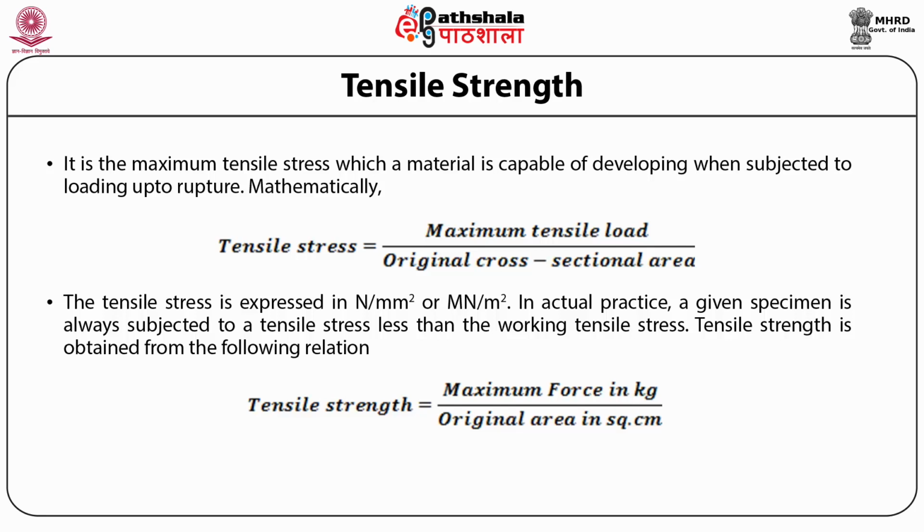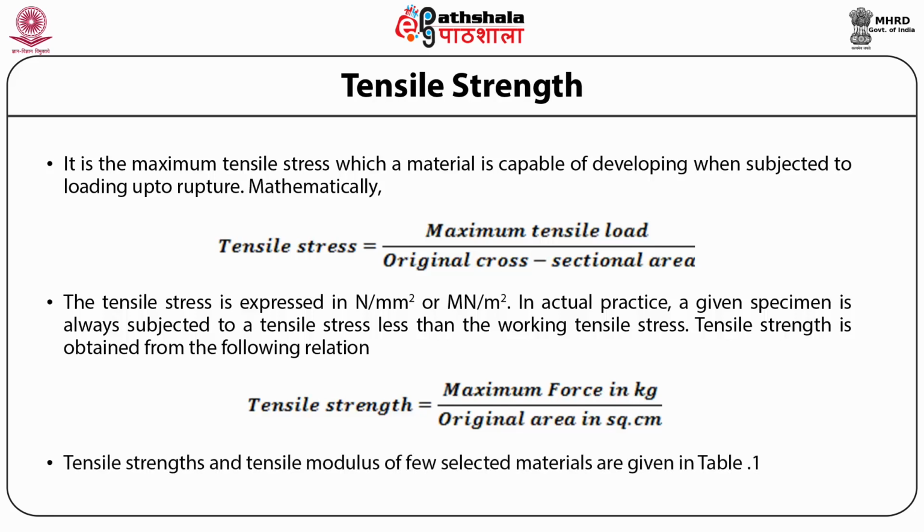In actual practice, a given specimen is always subjected to a tensile stress less than the working tensile stress. Tensile strength is obtained from the following relation: tensile strength equals maximum force in kilograms divided by original area in square centimeter.